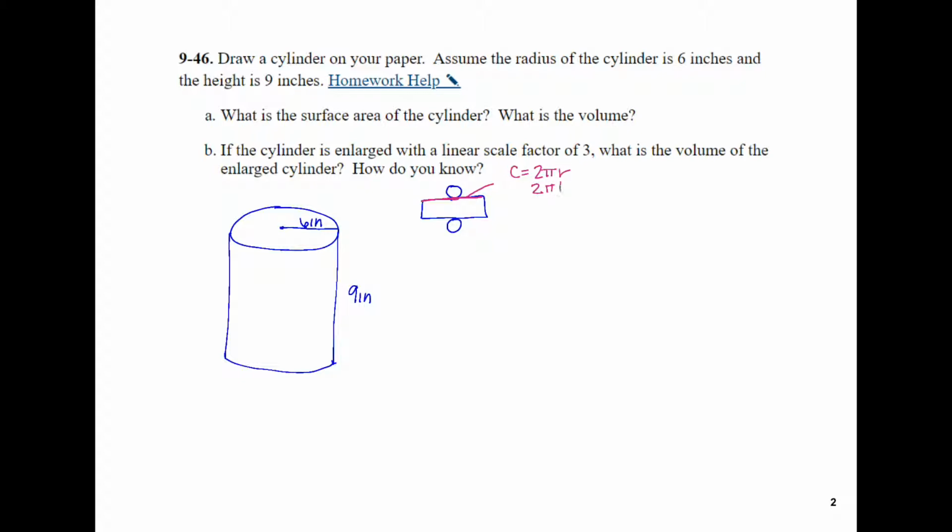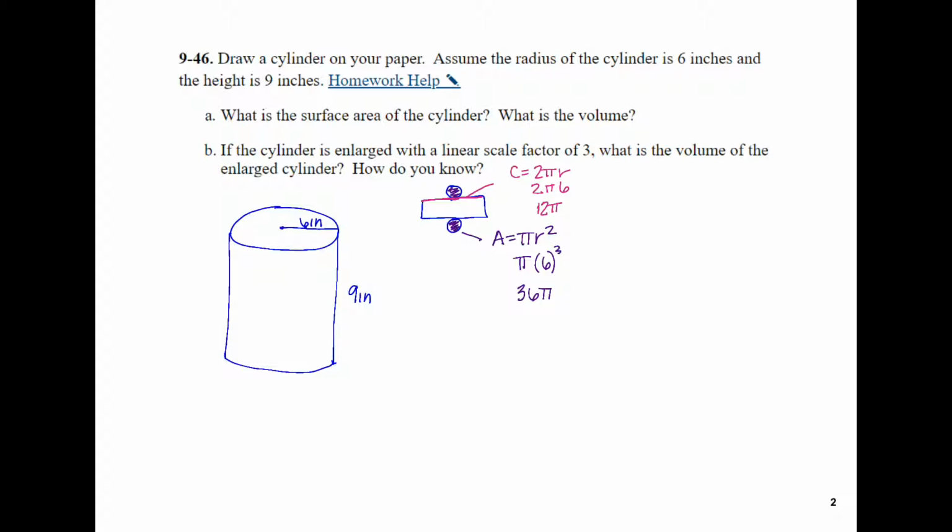So if we have 2 pi times 6, we would get a circumference of 12 pi. We also need to know the area of our circle because we have a base and a top that we need to determine. So the area is equal to pi r squared.